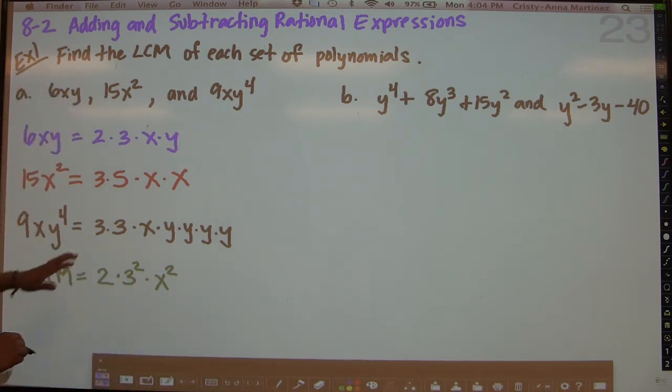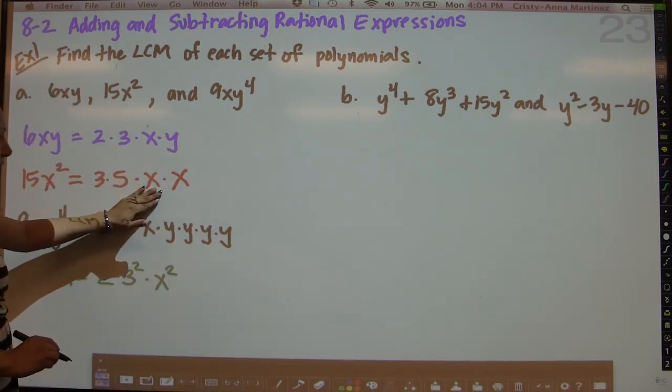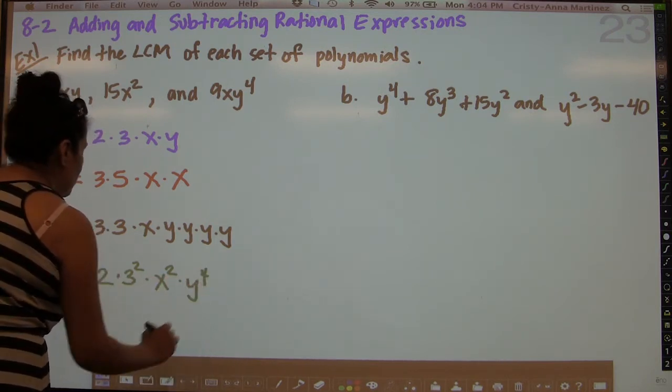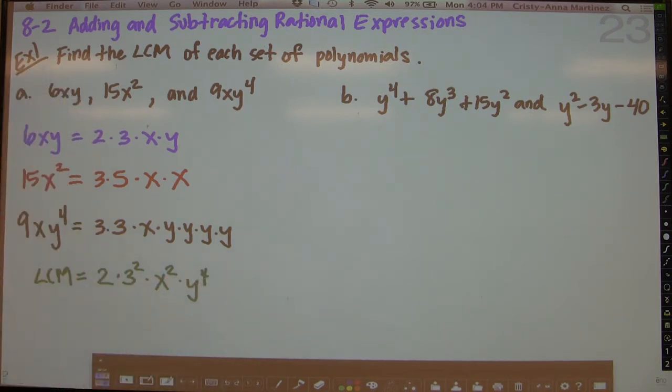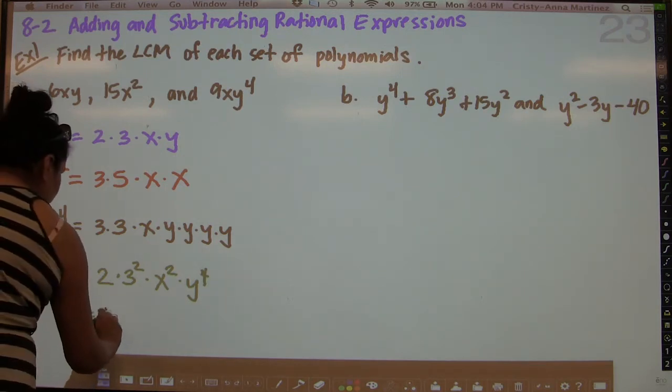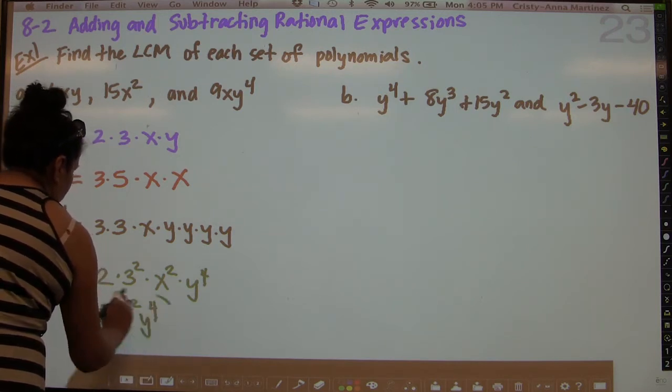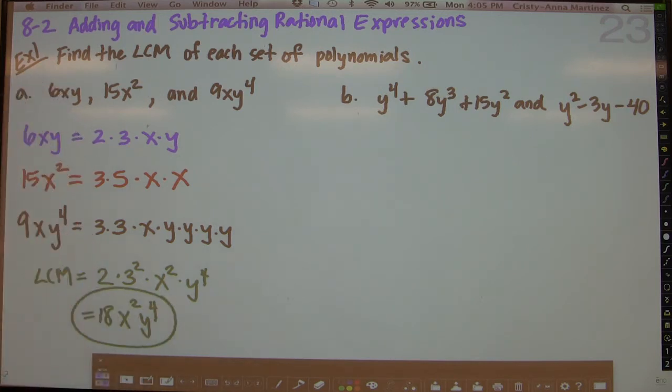And then we need the y. It appears once here, not at all here, but 4 times here. So at the end of the day, we have 2 times 3 squared, which is going to be 2 times 9, which is 18, x squared y to the fourth. That is going to be our least common multiple for part A.